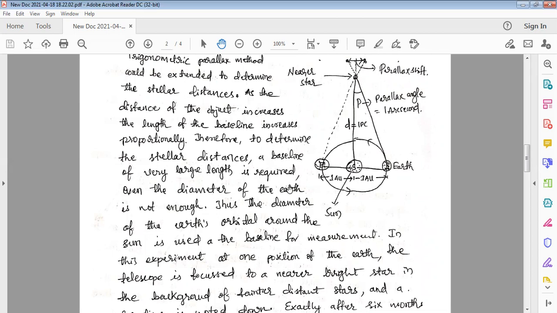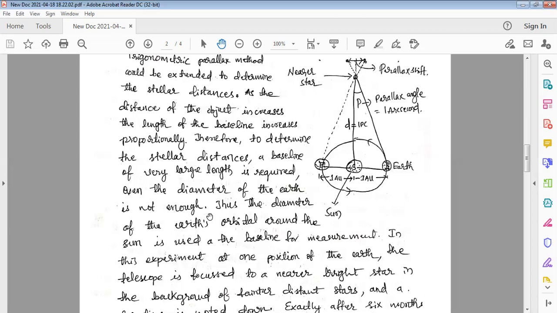Even the diameter of the earth is not enough. That means you may think that the earth is sufficiently a huge body, so its diameter could be taken as the baseline. So by standing at one end of the diameter you can make one measurement, and by standing at the other end of the diameter of the earth, you could do the second measurement.